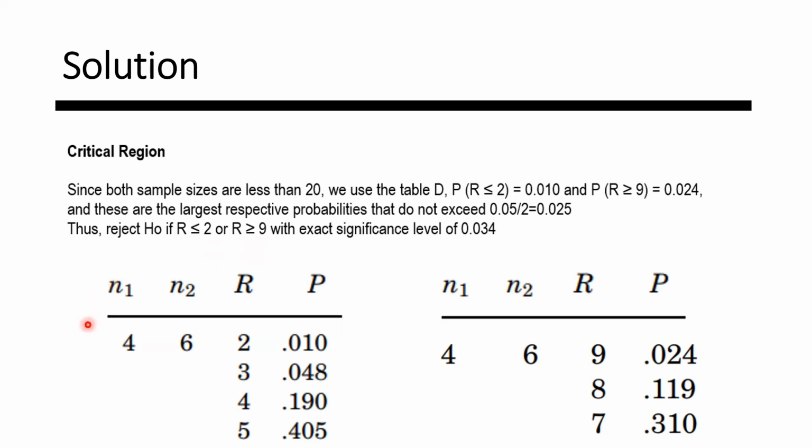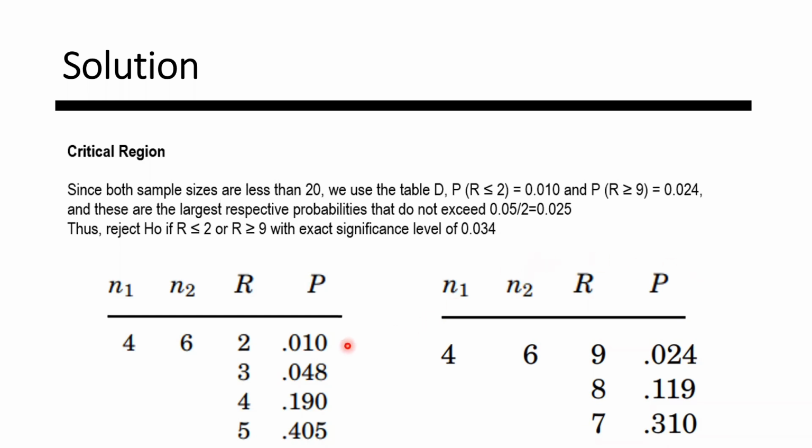And here below is the table coming from table D in the appendix. N sub 1 for the males is 4 and N sub 2 for the females is 6. And this will be the critical value, and this is the probability, and this is for the left tailed, and this is for the right tailed, since this test is a two-tailed test.